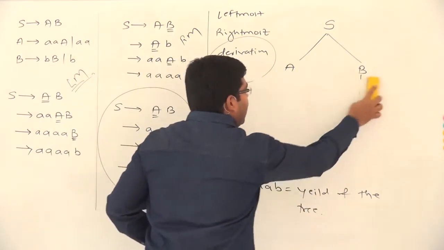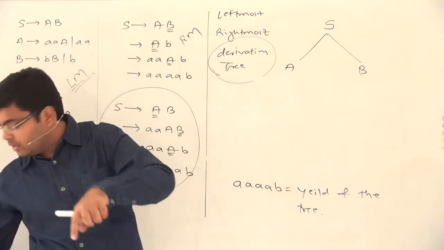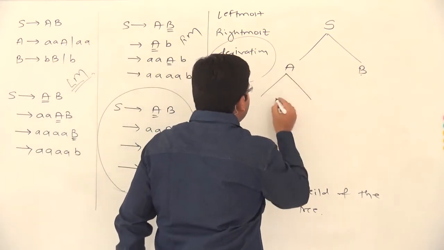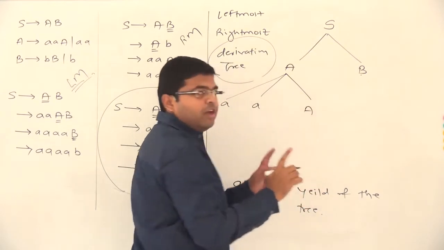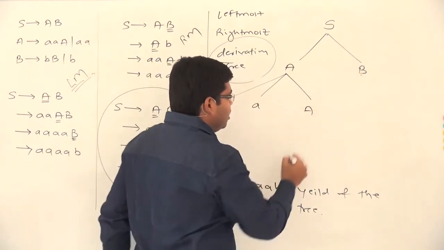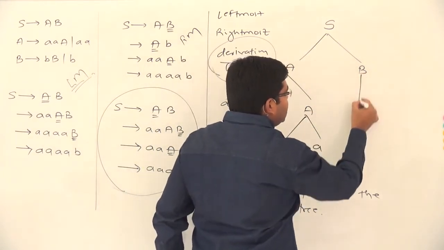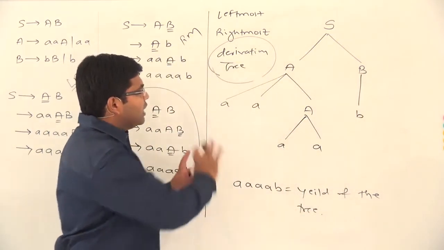I would like to draw the derivation tree for the leftmost derivation, so we will replace this leftmost variable with A. Now again we have two variables, capital A and capital B. Again I will replace the leftmost variable with a, and then we will replace the only remaining variable with the symbol b. We will get a tree like this.